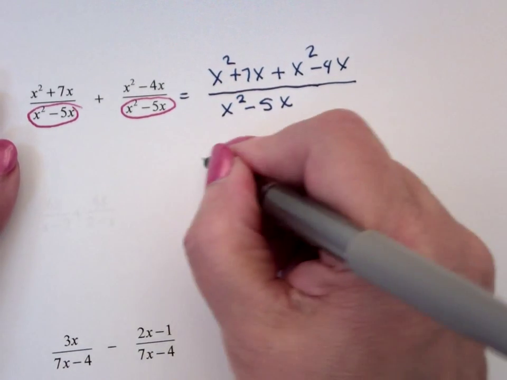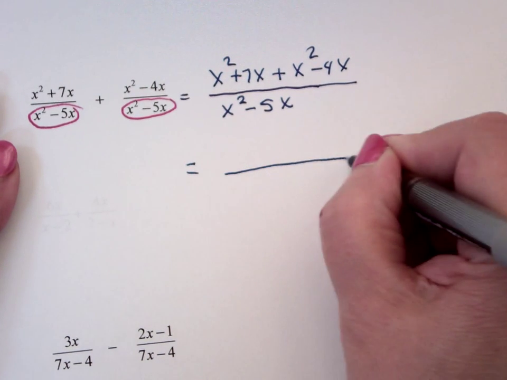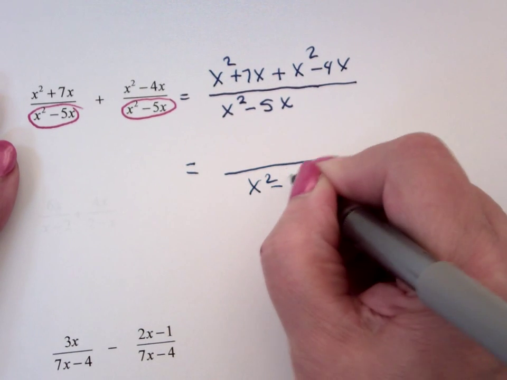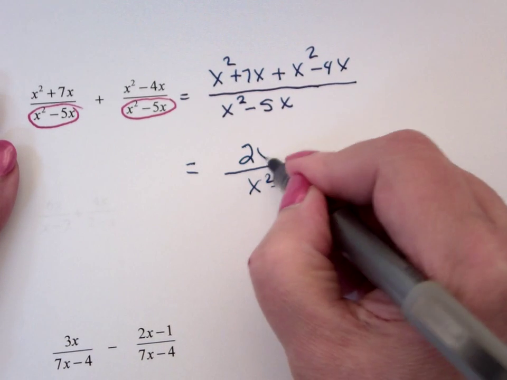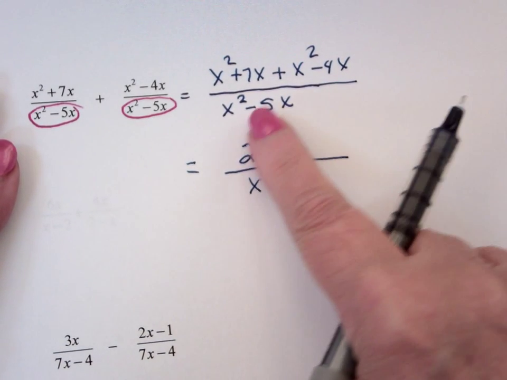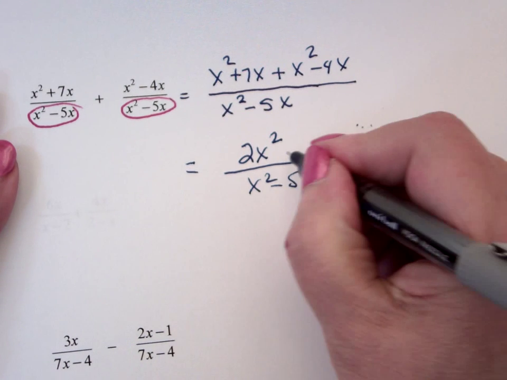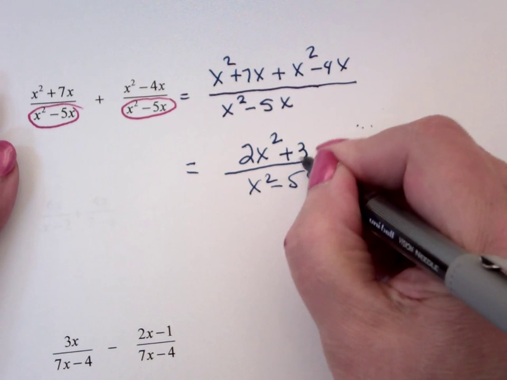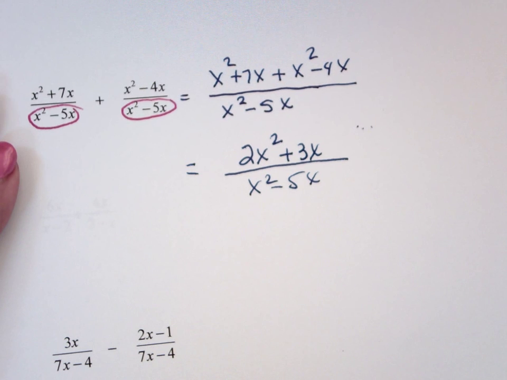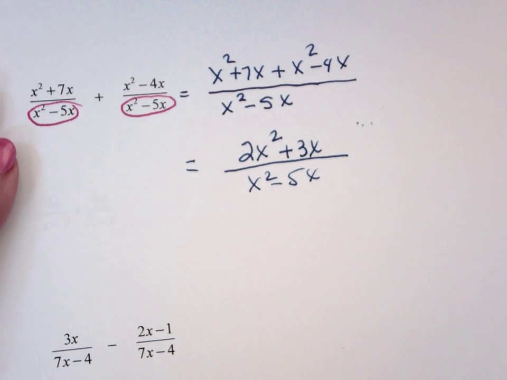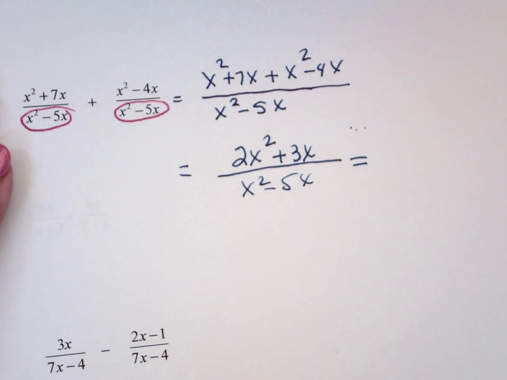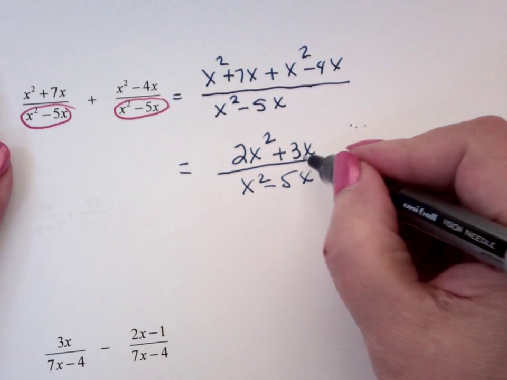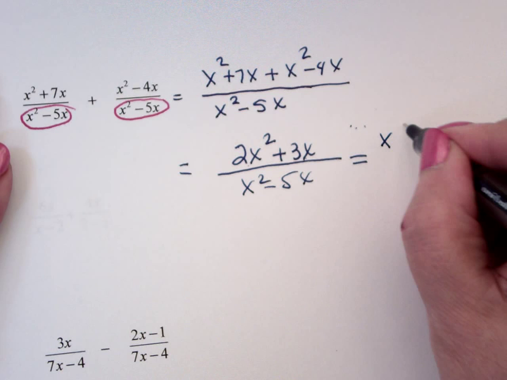This is where there's more work now. x squared plus x squared is 2x squared. And then 7x minus 4x is plus 3x. And then I reduce the fraction. I notice that there's a greatest common factor of x in the numerator.